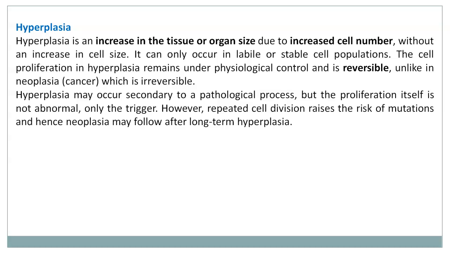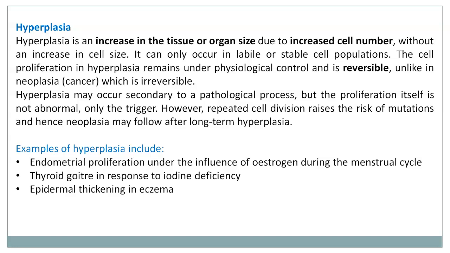Hyperplasia may occur secondary to a pathological process, but the proliferation itself is not abnormal, only the trigger. Now here are some examples, like endometrial proliferation under the influence of estrogen during the menstrual cycle. Second example, like thyroid goiter in response to iodine deficiency and epidermal thickening in eczema. So these are the examples of hyperplasia.